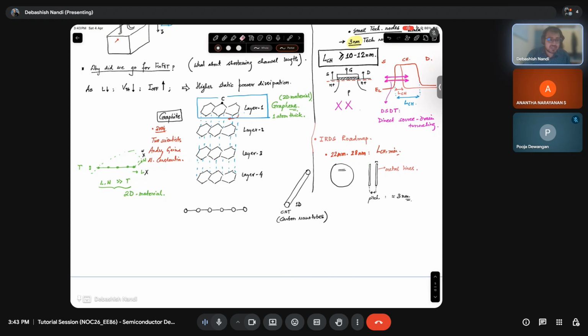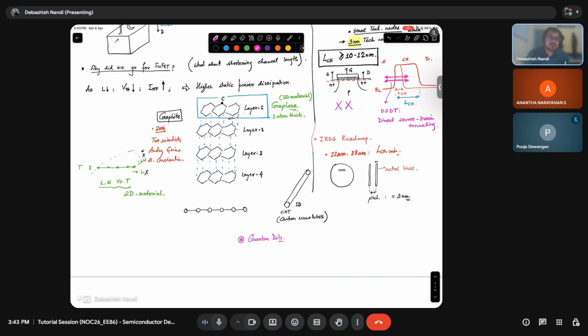Now you can have 0D as well. What is 0D? You have to omit the length direction also. So that will be individual atoms, right, sir? These kinds of things are called quantum dots. I don't know if you have heard of it or not.